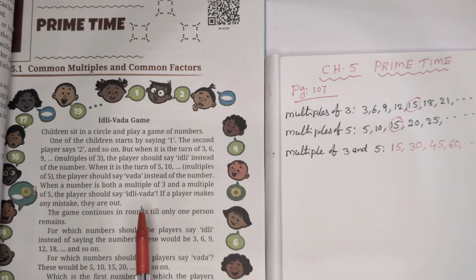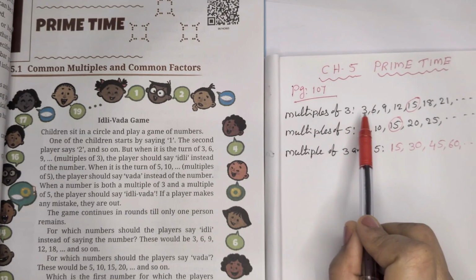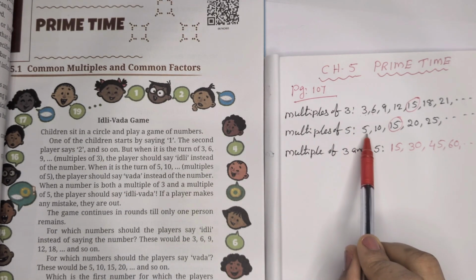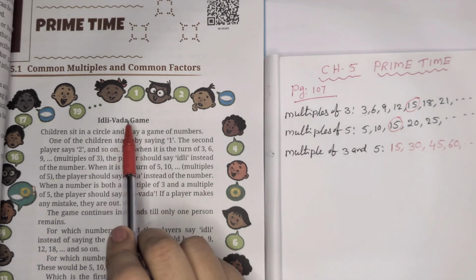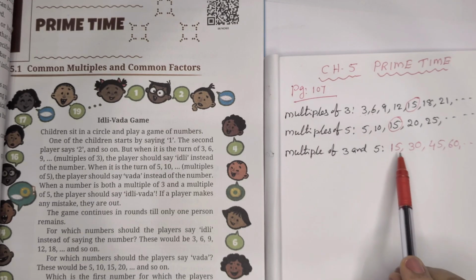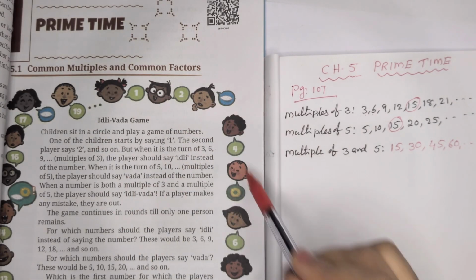So whenever a multiple of 3 comes, that child is supposed to say Idli, and whenever a multiple of 5 comes, the child is supposed to say Vada. And if a multiple of both 3 and 5 comes, that means 15, 30, 45, etc., they say both terms, Idli-Vada. Now we can see children sitting in a circle.